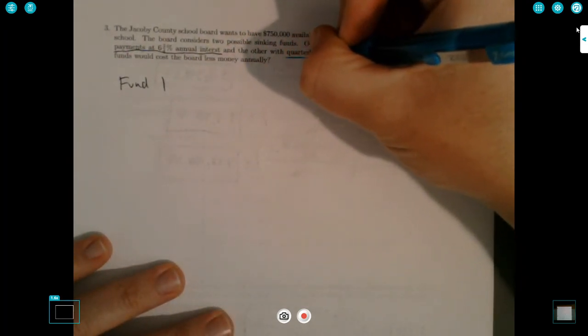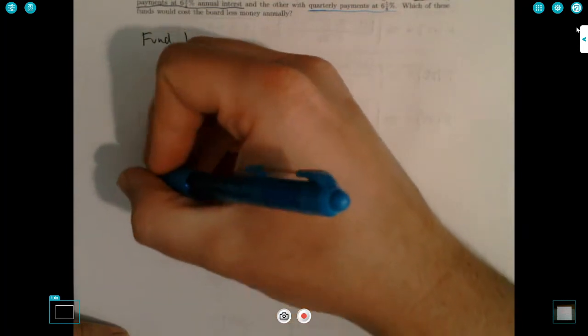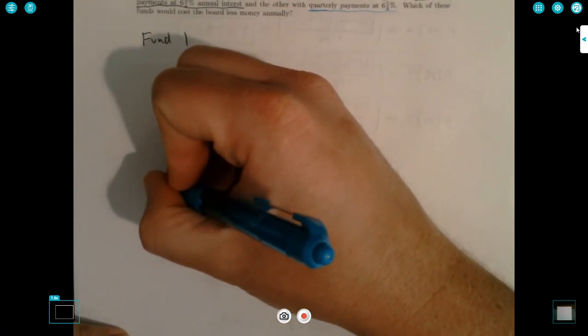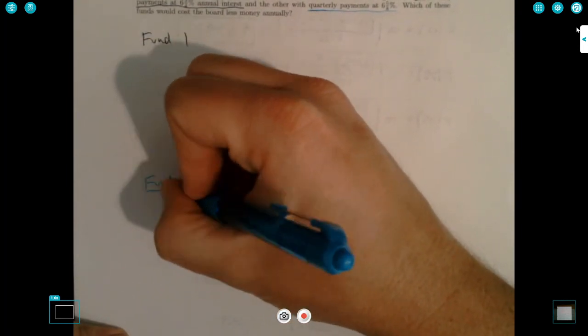And then the quarterly payments at 6 5/8% annual interest, I'm going to call that Fund 2. And I'll deal with Fund 2 a little bit further down.